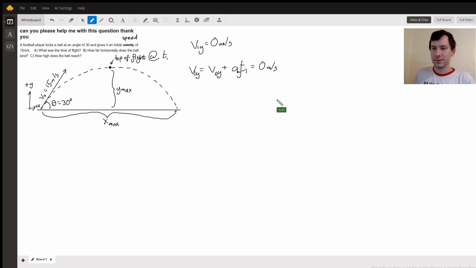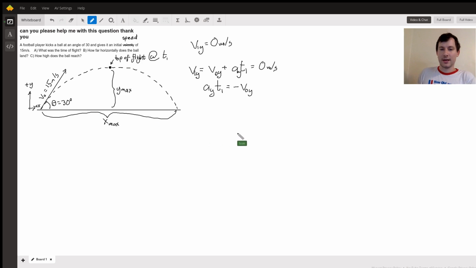Now, doing a little bit of rearrangement, we can say that the y component of acceleration times t1 is equal to 0 meters per second minus v naught y. Well, that's easy enough. 0 minus v naught y is just negative v naught y, the y component of our initial velocity.